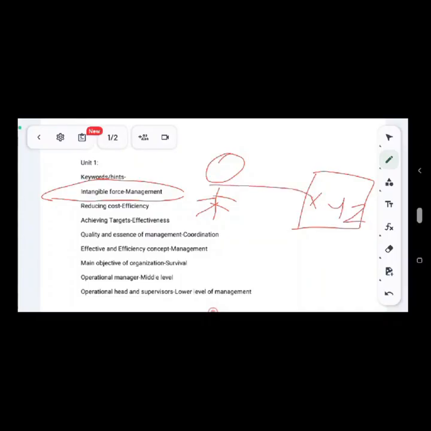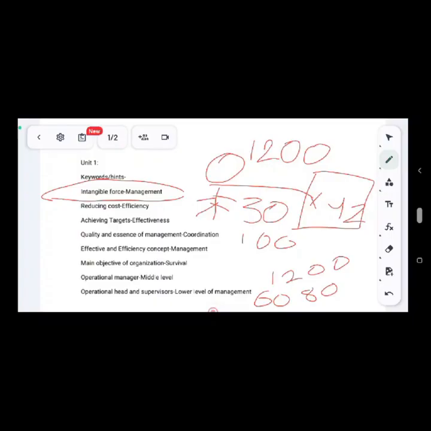This employee is assigned to complete 1200 units in a month of 30 days at the cost of 100 rupees. But this employee is able to complete 1200 units at the cost of just 80 rupees, but in a time period of 60 months. So here the cost has decreased but the time period has increased.